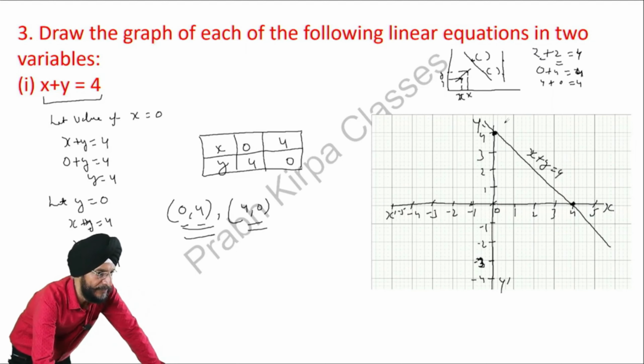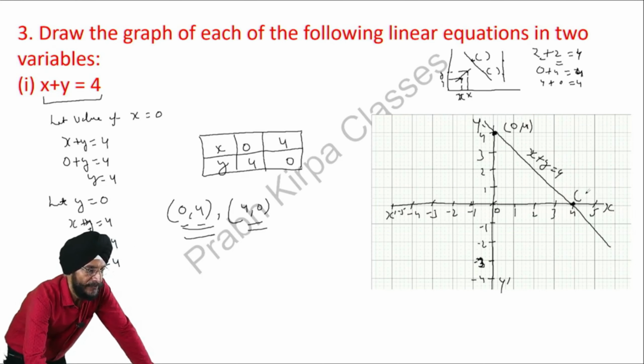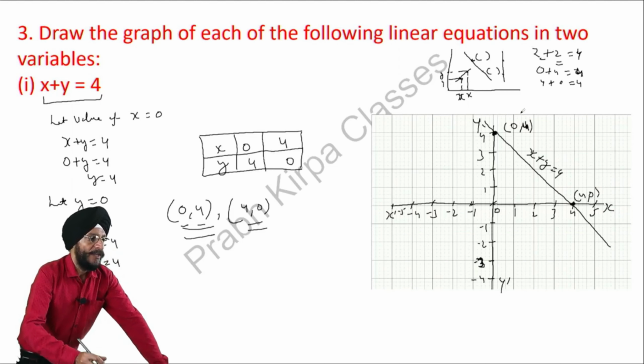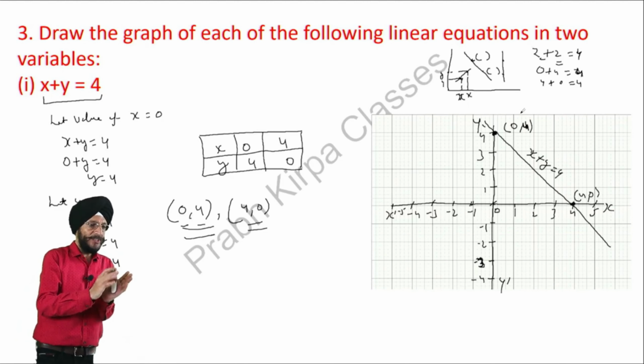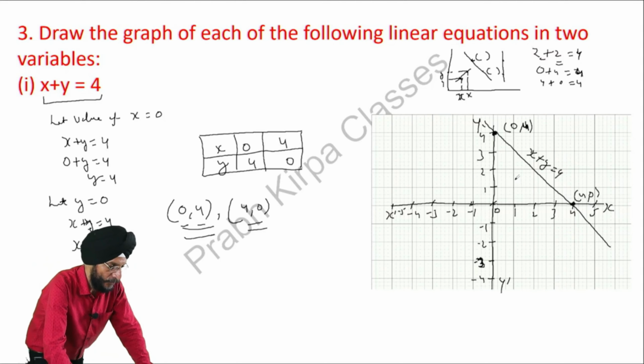Here we will write the values of x and y. It is 0, 4, and the value of x is 4, value of y is 0. So here we have formed the graphical representation of the linear equation in two variables, that is, x plus y is equal to 4.